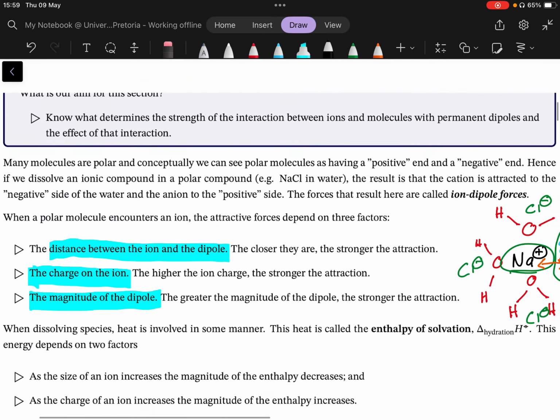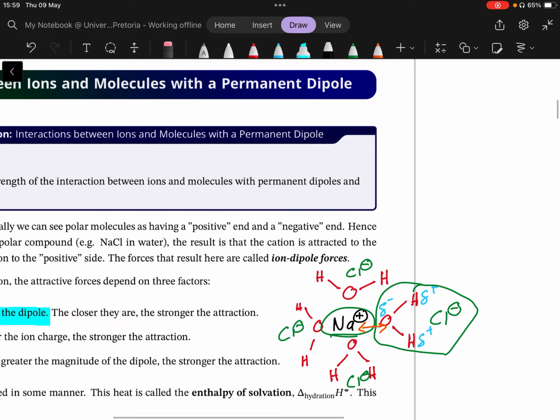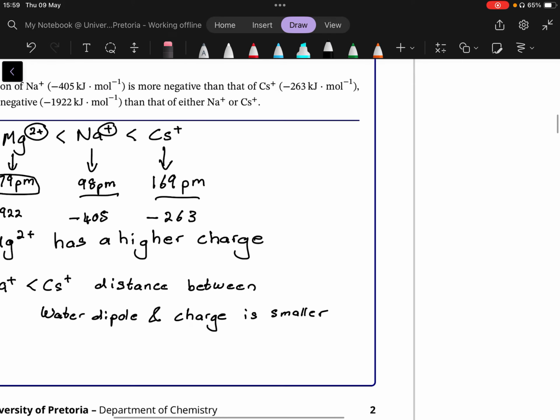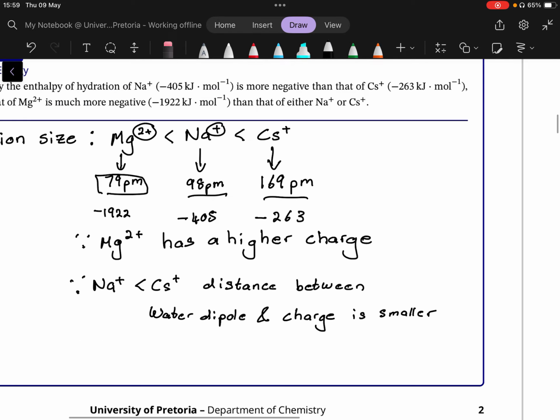Essentially, what the distance means is that in the cesium case, let's try to draw that qualitatively. In the sodium plus case, you can think of the ion like that, and the cesium plus case is something like that. The water is still on the edge here.